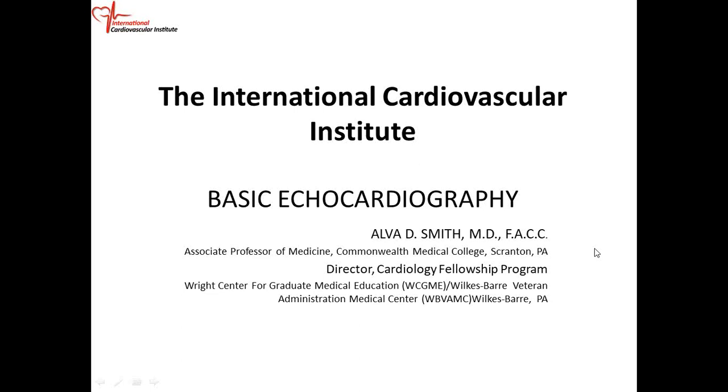And that will give us what we call the E velocity. Okay? So it should have a normal velocity, and that can vary. The E velocity tends to get a little less as one ages, but the actual value can vary with health.